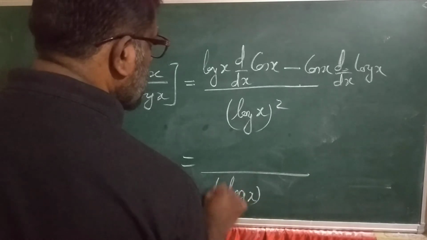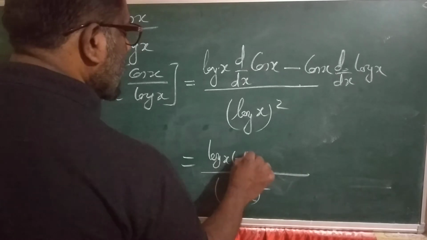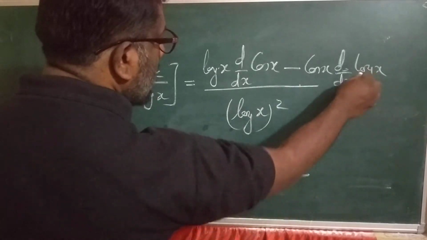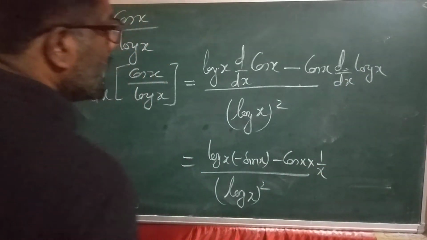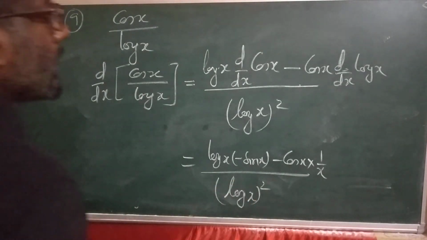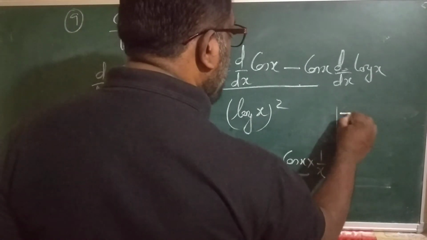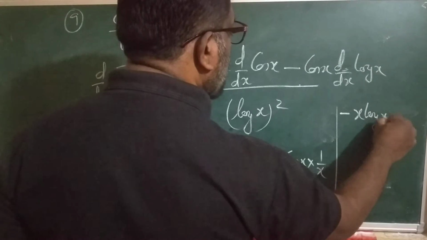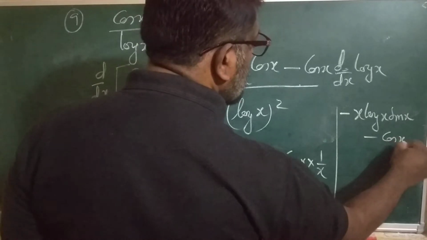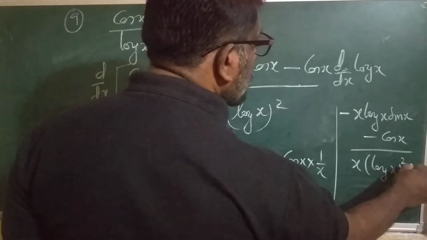over log x whole square. Now here log x times minus sin x, the derivative of cos x, minus cos x, and the derivative of log x is 1 upon x only. Now you can write it as, by taking the LCM x, minus x log x sin x minus cos x upon x log x whole square.